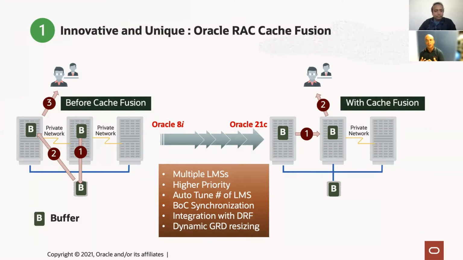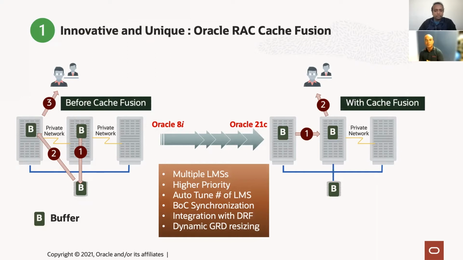This is not the most optimal because disk access is perhaps not the fastest. From 8i to almost 21c, you can see that Cache Fusion has been updated with newer and newer algorithms to keep up with the pace, especially when you have SSD disks and a high-performing network.